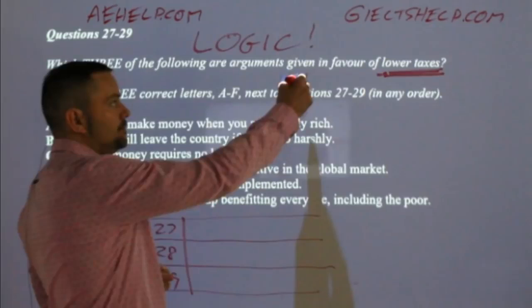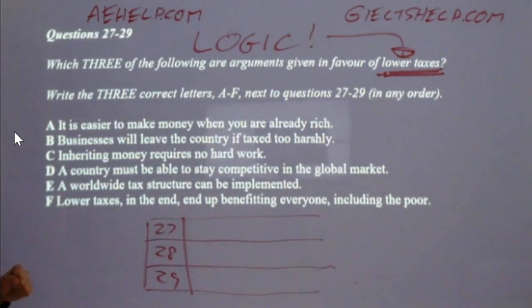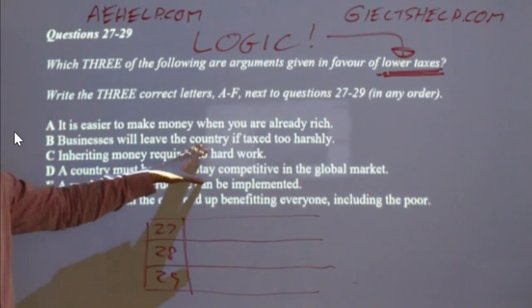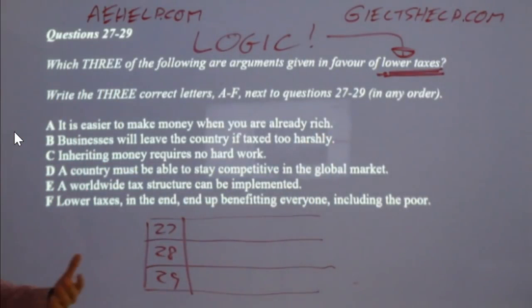Now, logic and lower taxes also will help you a lot, okay? So it is easier to make money when you are already rich. Is that in favor of higher taxes or lower taxes? It's probably higher, right?